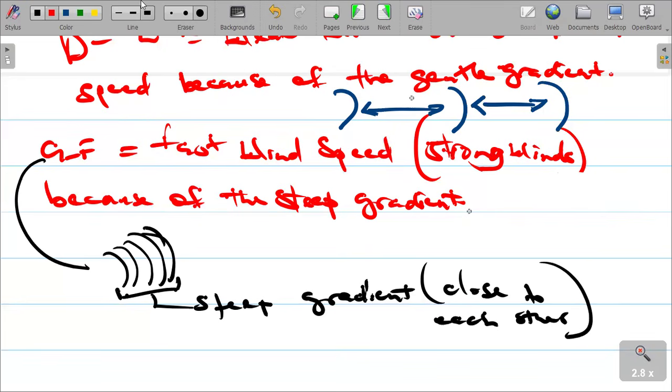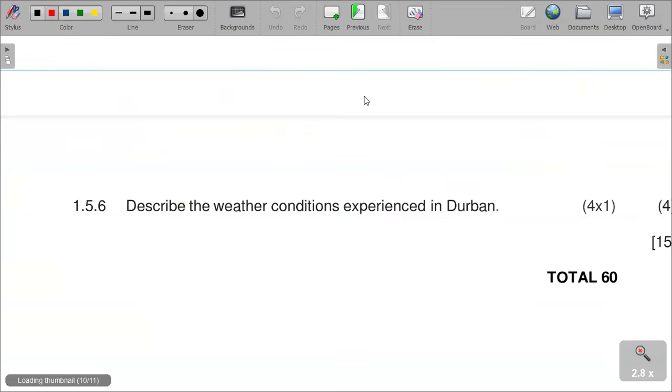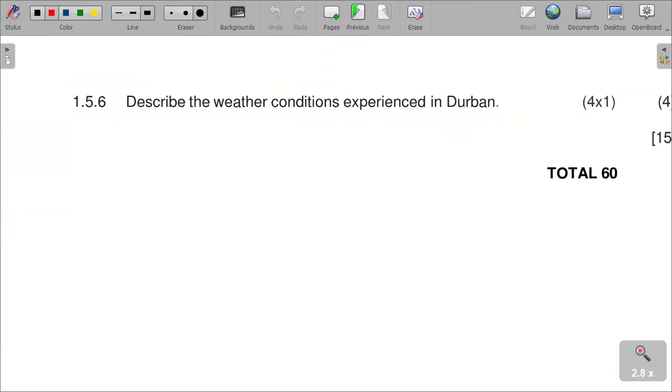So we can finally finish the last question. The last question says, describe the weather conditions experienced in Durban. It is more or less the same question that we have answered now.